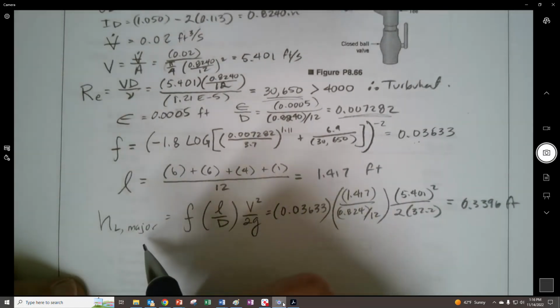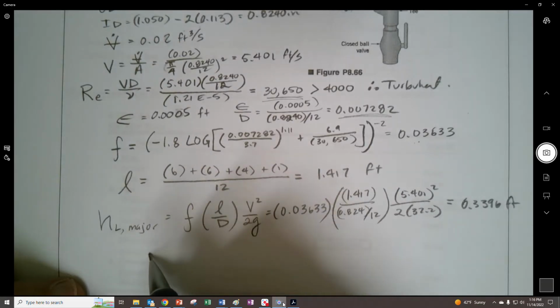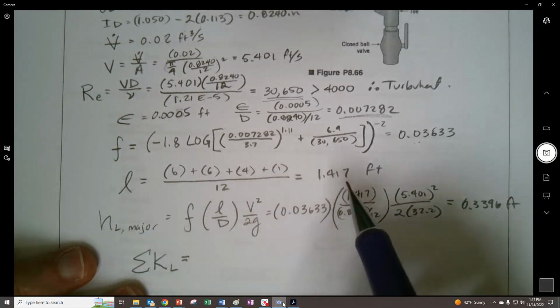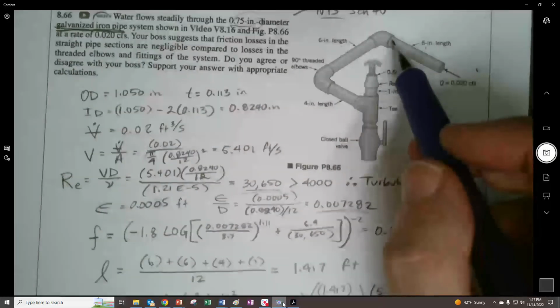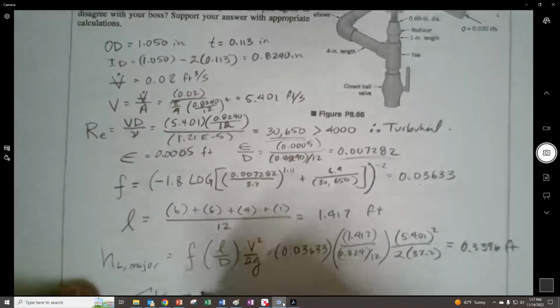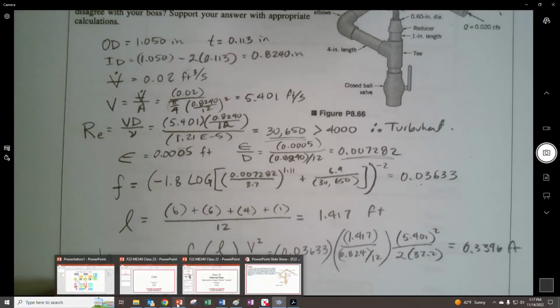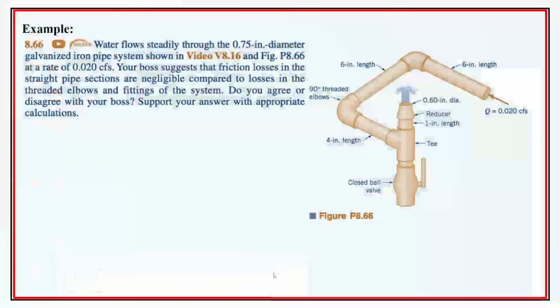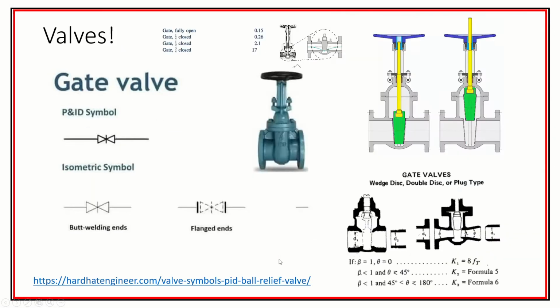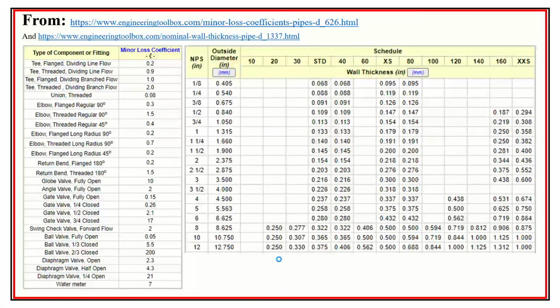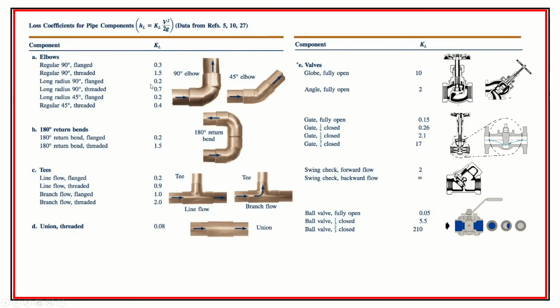Let's figure out what the head losses are due to the fittings. So we take a look here, and let's do elbows. We have two elbows, and each elbow, as you'll recall, is threaded 1.5.